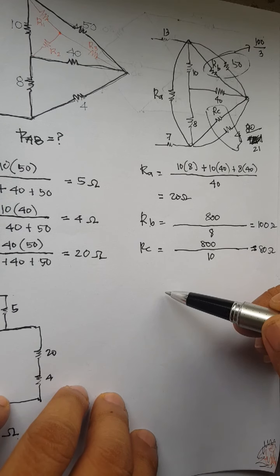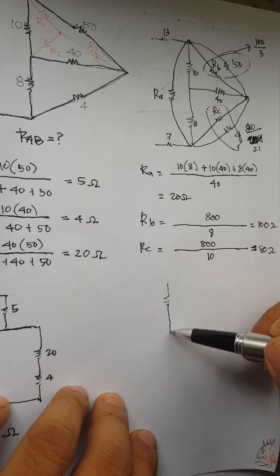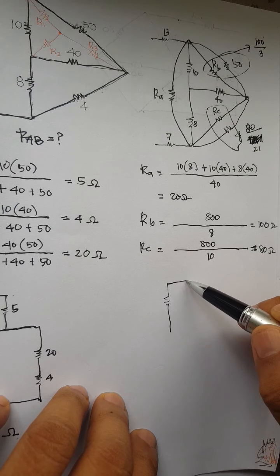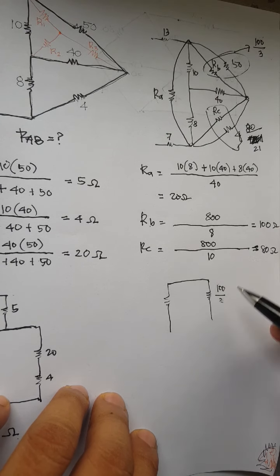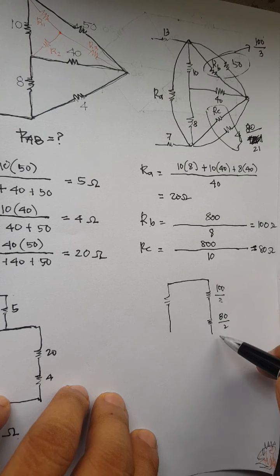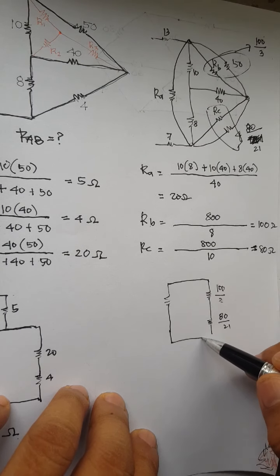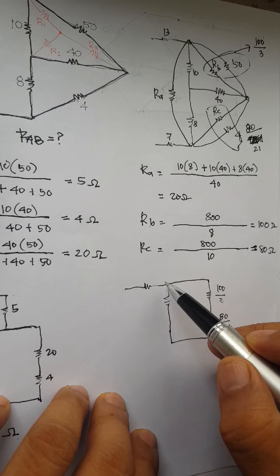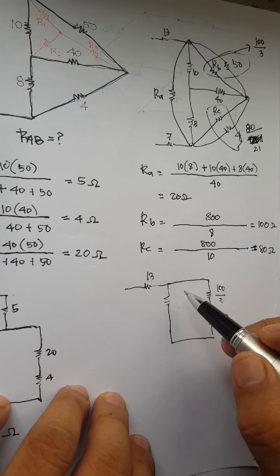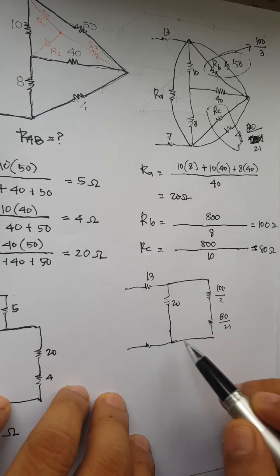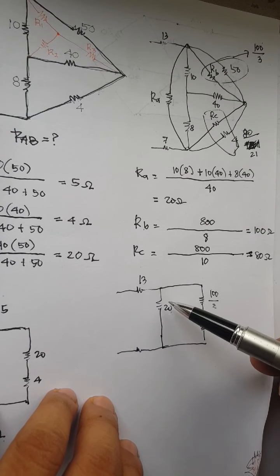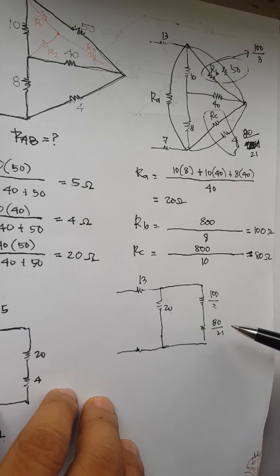So we have our RA, and then we have now this is our 100 over 3, and this is our 80 over 21. This is still our 13. This is our RA, and our RA is 20, and this is still our 7. So we can see that 20 and the combination of this are in parallel.